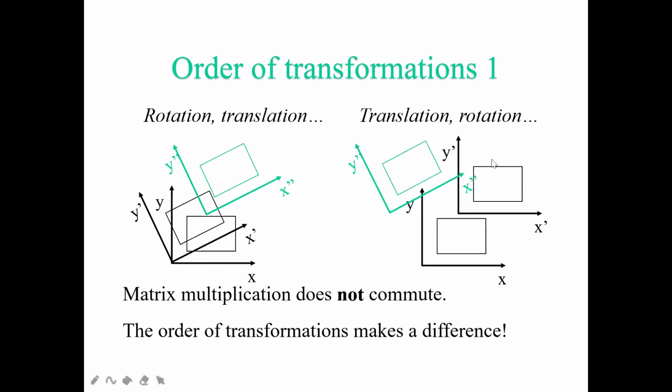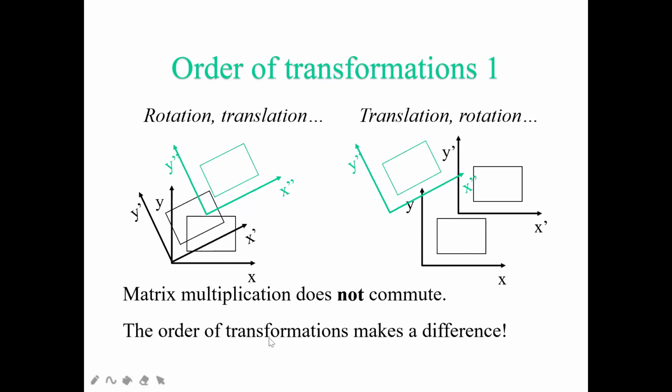Now here one more thing you can see, the difference you can find. Here I have x and y axis, and where I have an object, first I have translated the object to x dash and y dash, and then I have given the rotation. I have made the rotation in the green color. From both of these, you have understood that matrix multiplication does not commute.